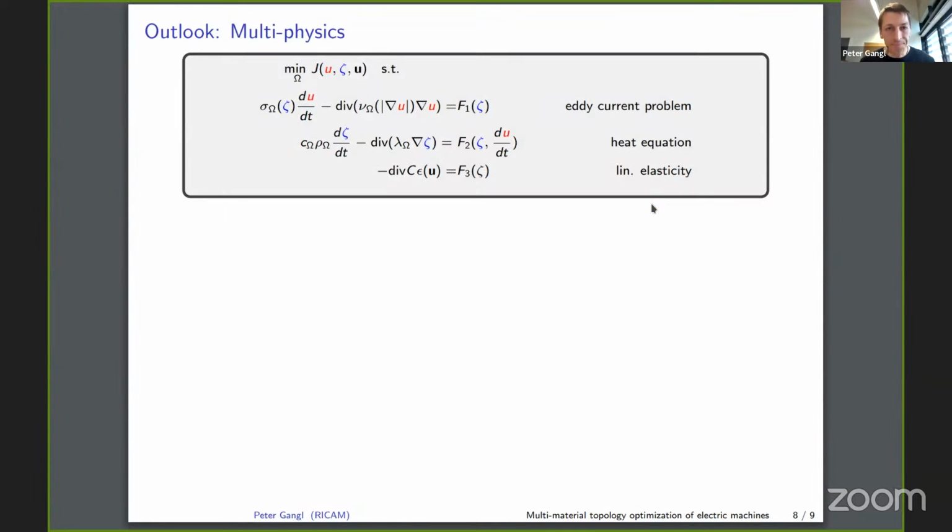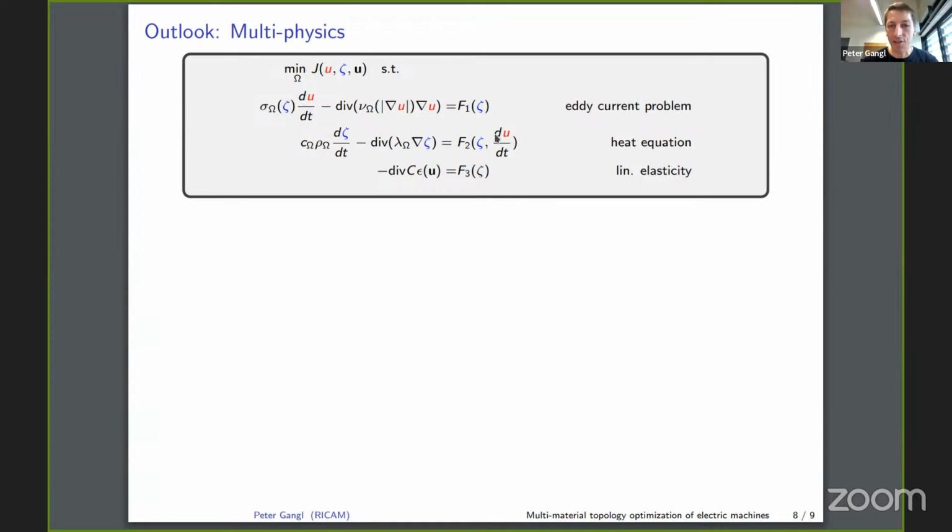Okay, so finally, this was only an application including one physics. We're not there yet to include the temperature and mechanical equation, but we'll just give a brief outlook on what is happening next. Actually, in electric machines, it is very important to account for multiphysical effects because, for instance, so far we just considered this first equation and neglected this time derivative, which is related to the eddy current losses.